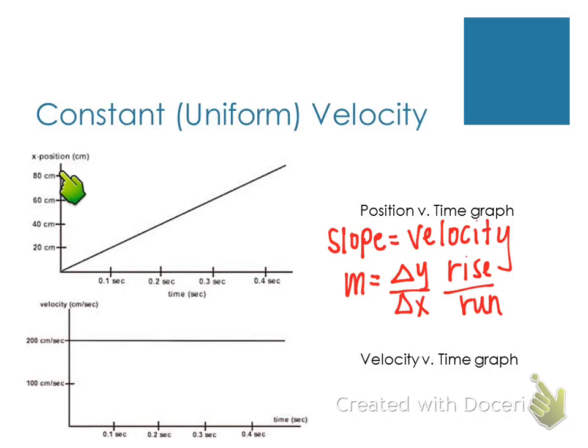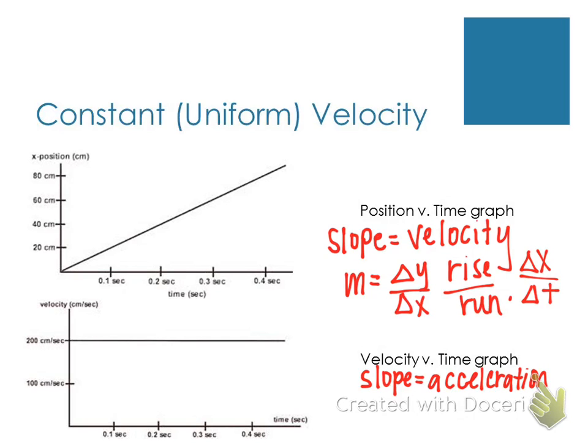This is our position right here, and position is measured in delta x. And what goes on the x-axis here? Time, right? This is rise over run, and this equation we know is velocity. So that's the explanation for why the slope of a position versus time graph gives us velocity.